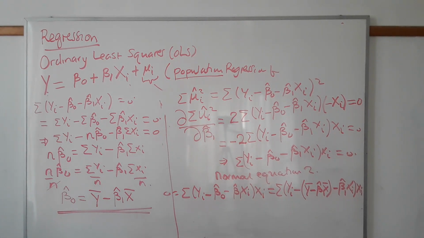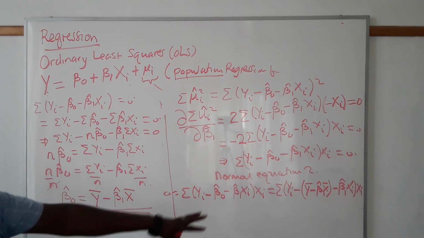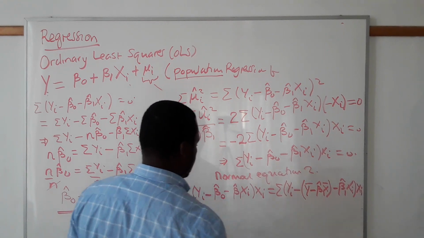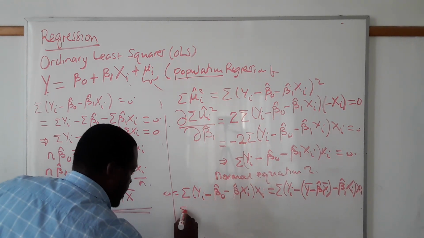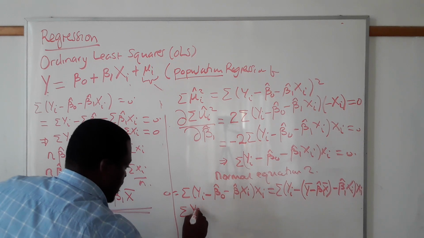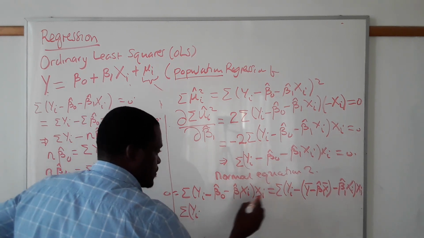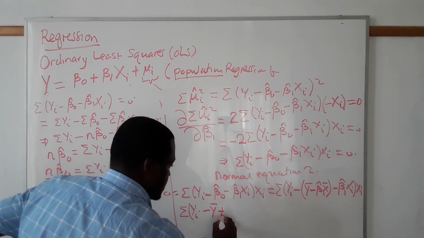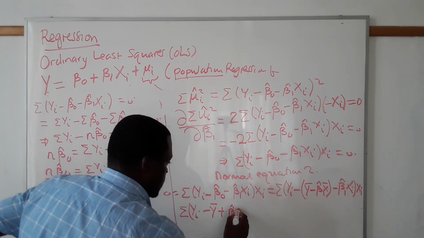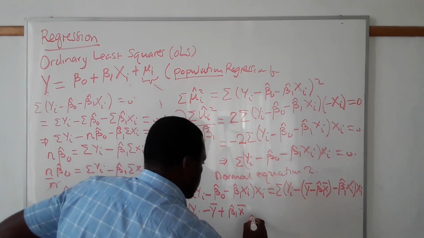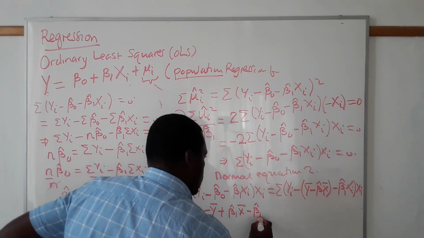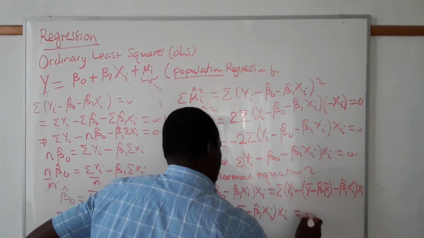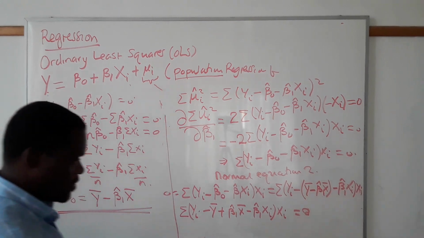Okay, we can now simplify that by breaking this bracket so that we have yi minus y bar plus beta hat 1 x bar minus beta hat 1 xi, everything times xi, and this should be equal to 0.